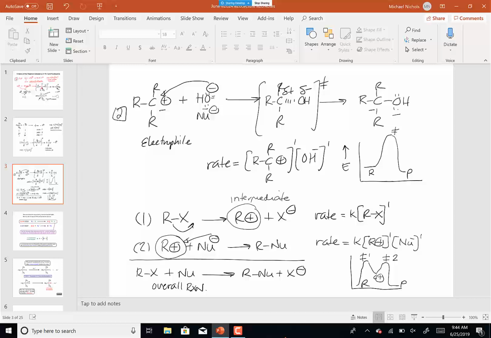Can I study it? No. But what about intermediates? Intermediates, it is potentially possible to study those. They have varying lifetimes, but it is possible that I might be able to put a carbocation in a bottle and study it. So intermediates, because they're lower in energy than a transition state, might be able to be studied.